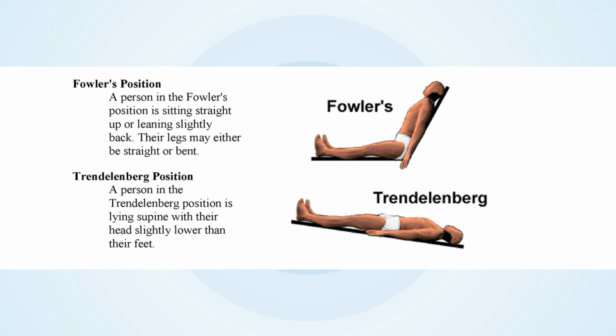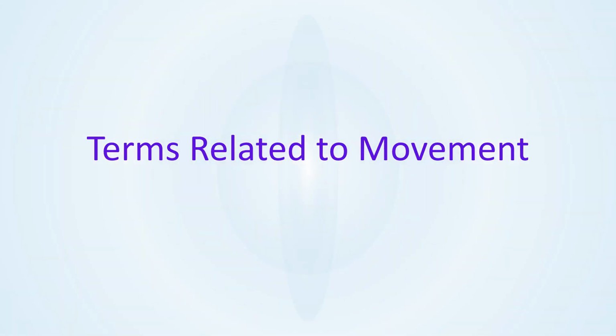Trendelenburg position is when a person is lying supine with their head slightly lower than their feet. Please remember these terms as we use a lot of them in the study of gross anatomy as well as in physical therapy. For the terms related to movement, there is a video I want you to watch.